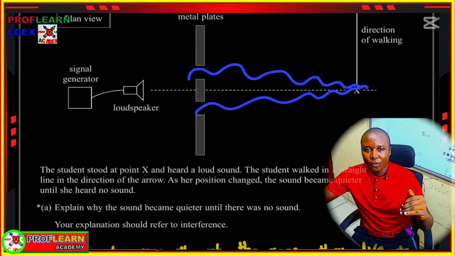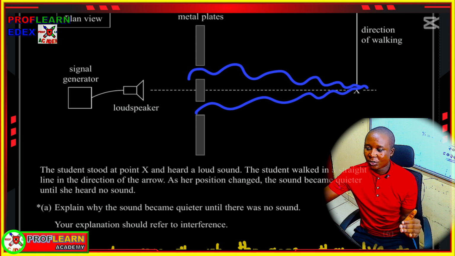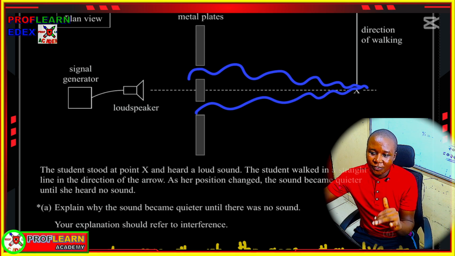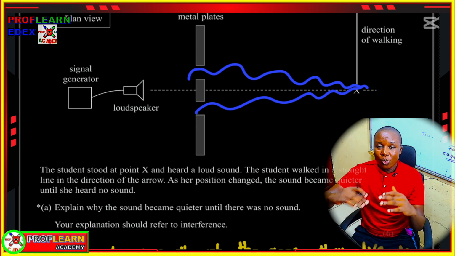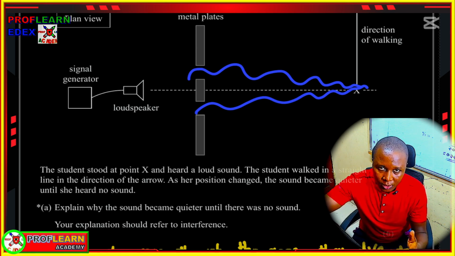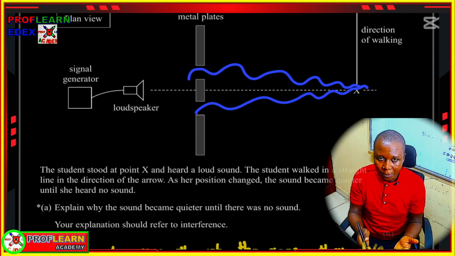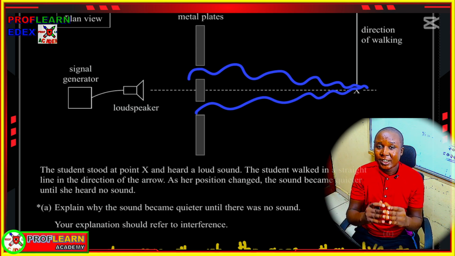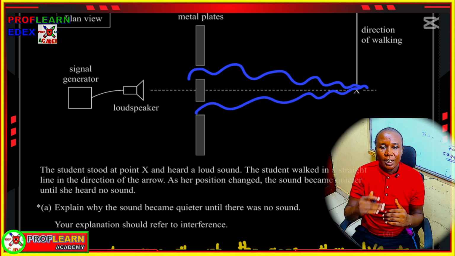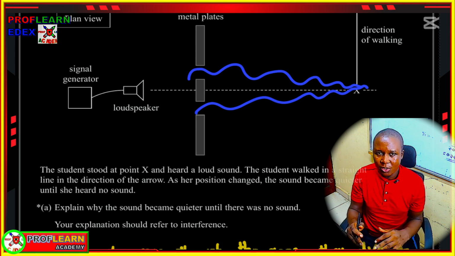If they are out of phase, destructive interference will take place. Where constructive interference takes place, we're going to have a loud sound. A loud sound will be heard there. But in the region where destructive interference is taking place, we are going to have no sound at that given point.